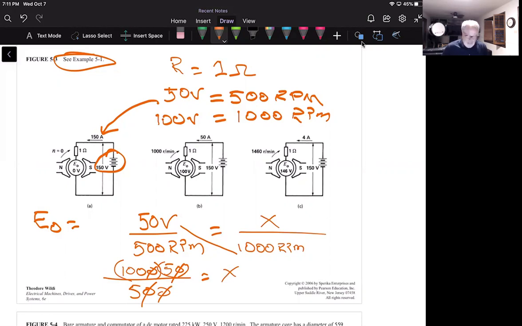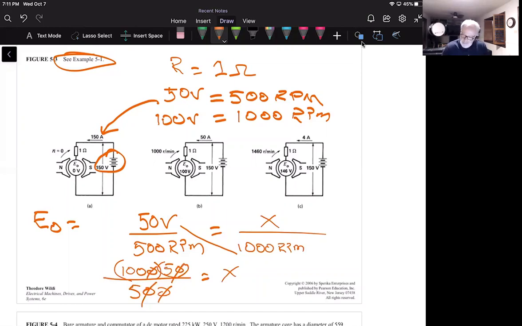Okay, let's see, what have I got? 5 times 100 is 500 divided by 5, which would give me, oh, drawing a blank, help me, where am I? 5 times 100, 500 divided by, that should be 50 amps, right? Excuse me, 50 volts.